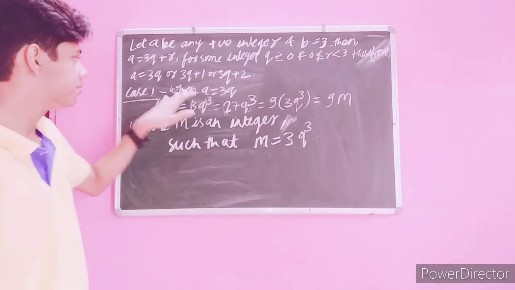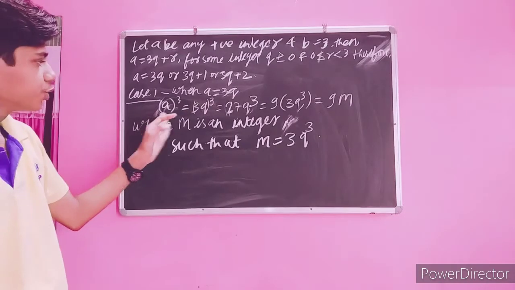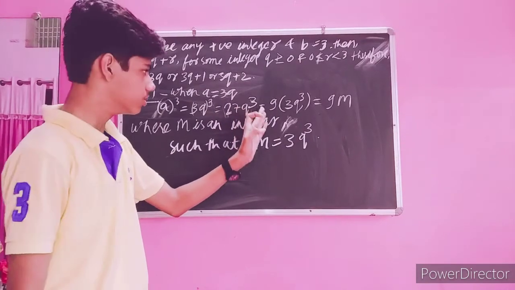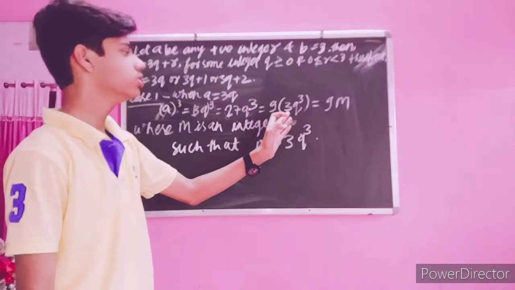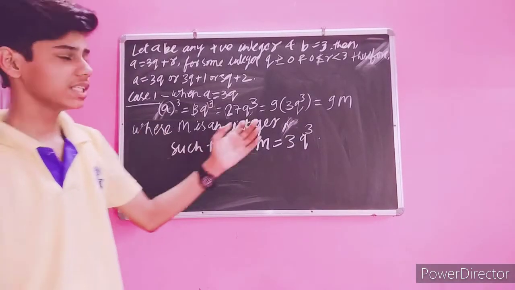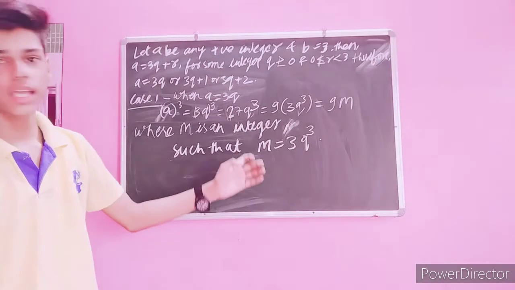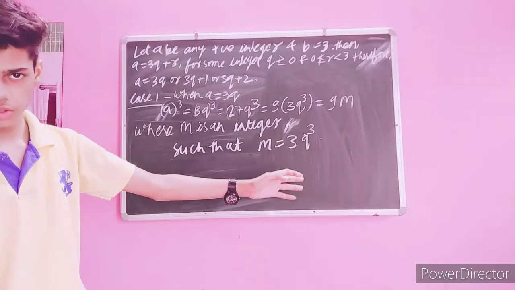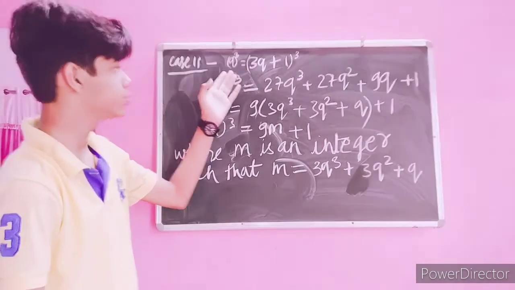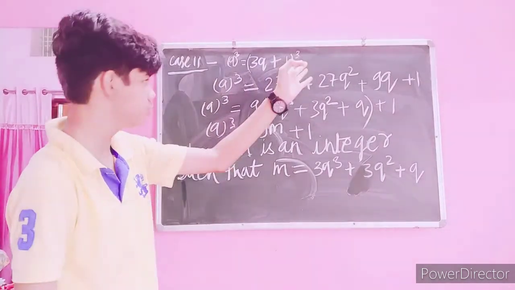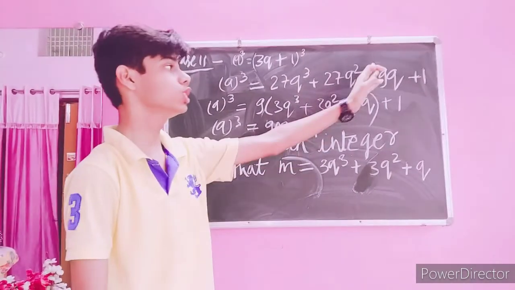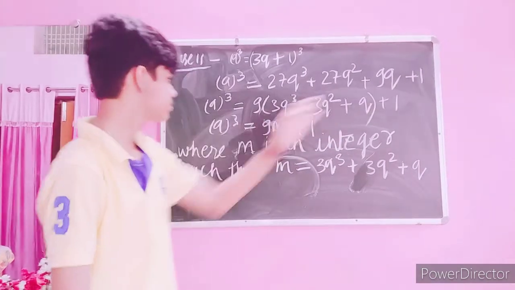And in case 1, where a is equal to 3q, a cube is equal to 3q cube is equal to 27q cube is equal to 9 into 3q cube is equal to 9m, where m is an integer such that m is equal to 3q cube. In case 2 we have a cube is equal to 3q plus 1 cube, a cube is equal to 27q cube plus 27q square plus 9q plus 1.